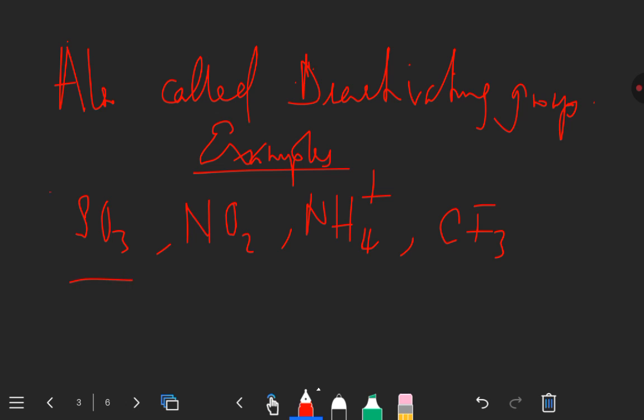This is simply a sulfite, or sulfur trioxide, then this is nitrogen dioxide, this is ammonium, then this is the carbon trifluoride. So all these are simply meta directors or they are deactivating groups.